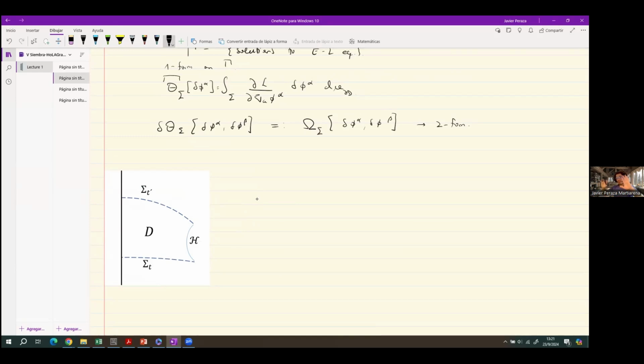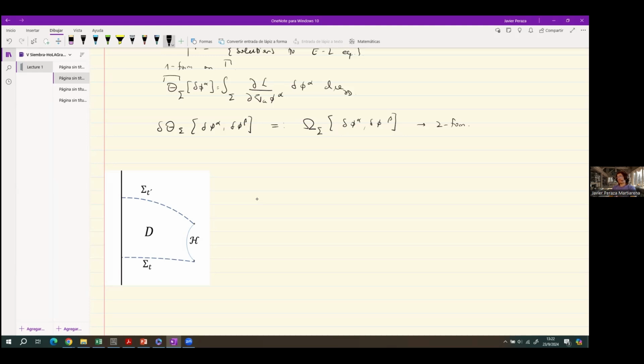Okay, so it is further away from the Scri plus or Scri minus. So let us suppose that it is delimited by some Cauchy surface at T prime and some other Cauchy surface at T, and then from this point to this point we have some null hypersurface H, which goes from here to here.